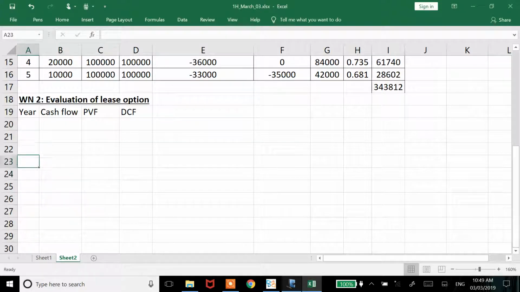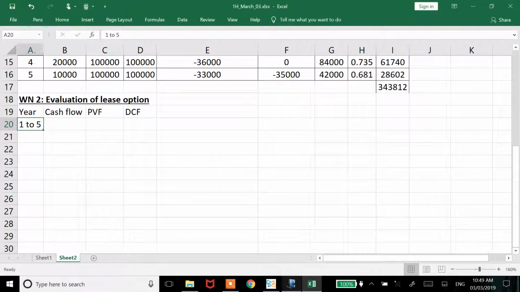Now listen, for year 1 to 5, I'll pay a lease rent of 0.7x. 0.7x is x rupees of lease payment less 30% tax benefit. The only thing which I know is the total should be 343,812. If it's 343,812, I am indifferent.